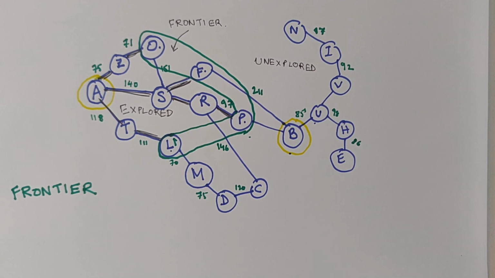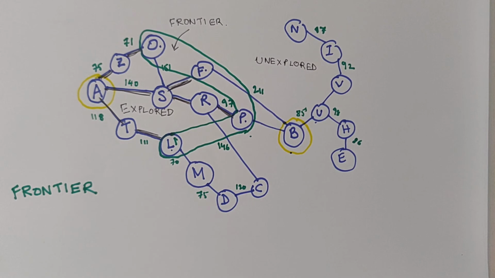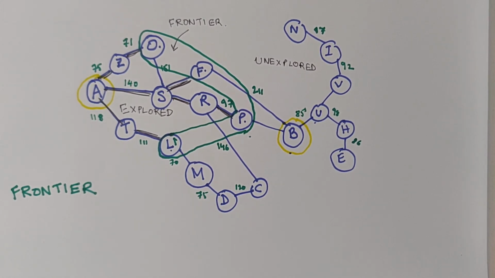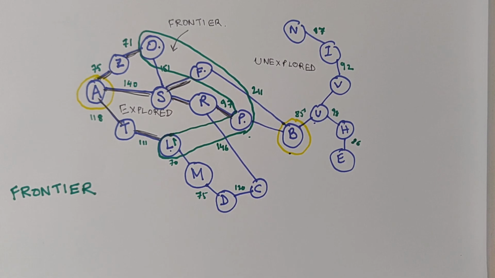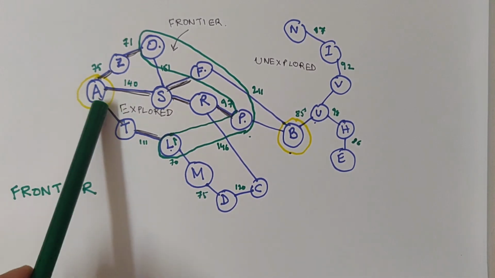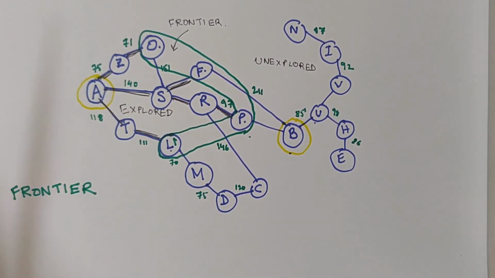Again, we can see here some numbers written in green on the edges joining the vertices, they are the path cost from going from one vertex to the other.